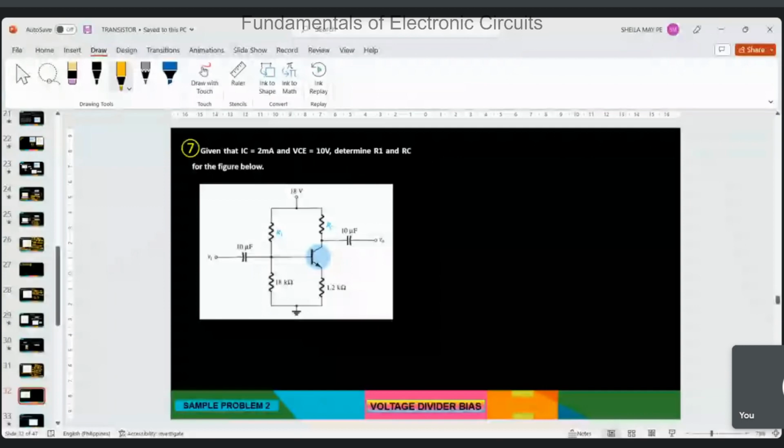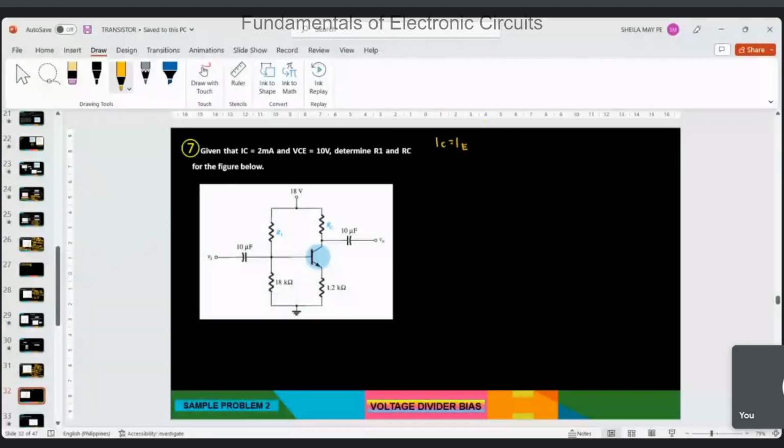Pwede nato magamit si IC equal ni IE. And from that IE, makakuha ta sa atong VE. VE equals IE RE. But since IE is equal to IC, so that's IC RE.